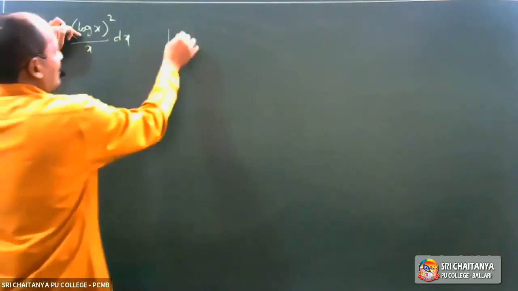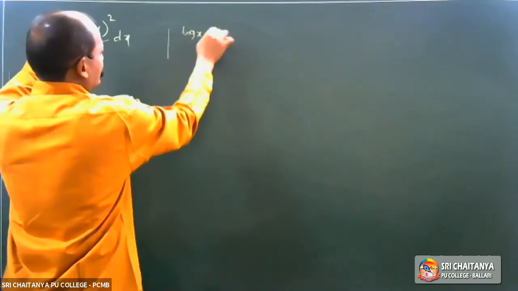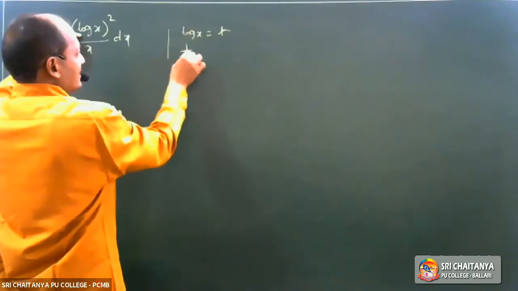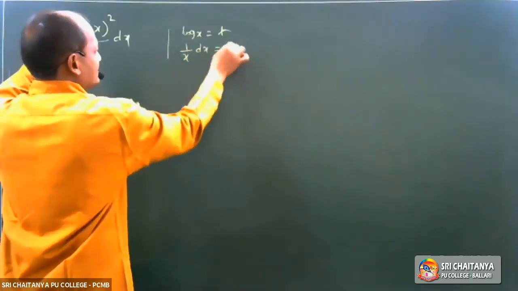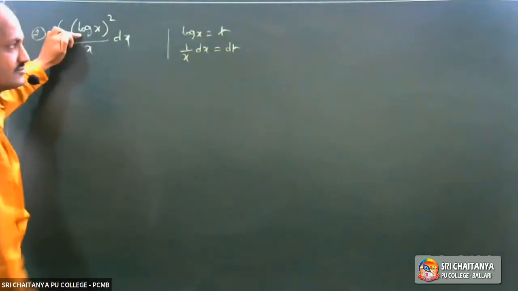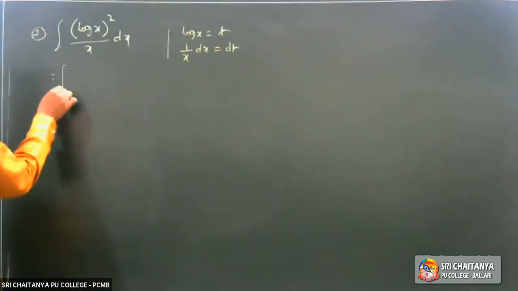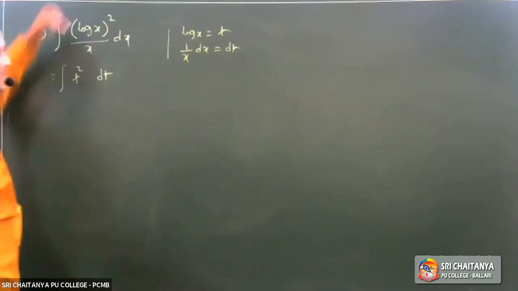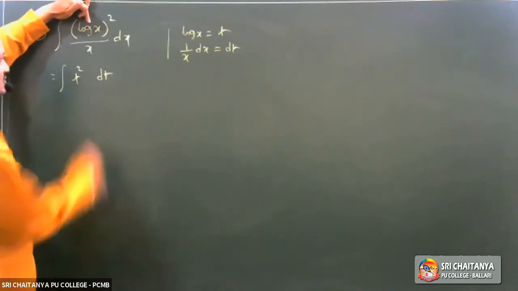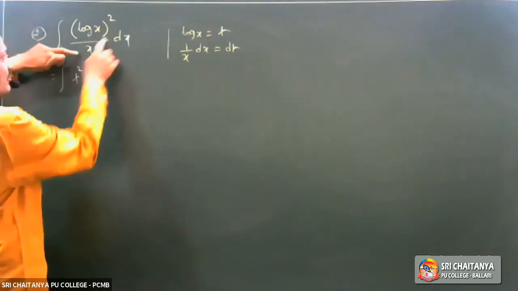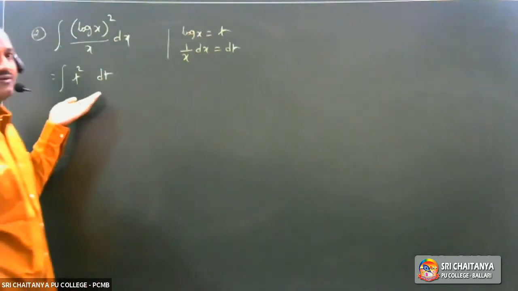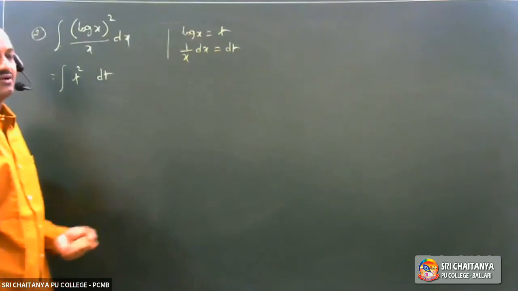Here, consider log x is equal to t. The derivative of log x is 1 by x, so 1 by x dx is equal to dt. Now it is the integral of t square dt, since log x is considered t. What is the formula?